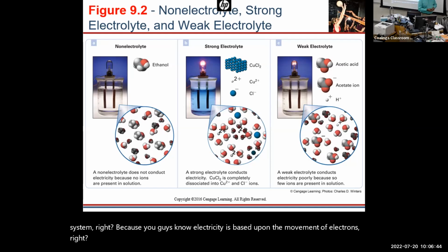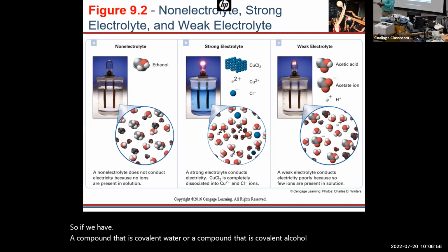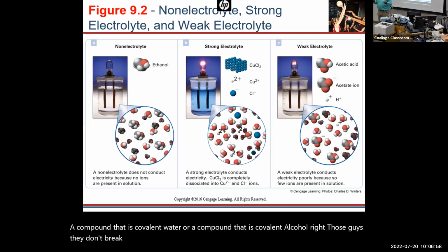Okay, so if we have a compound that is covalent, like water, or a compound that is covalent, like alcohol, right? Those guys, they won't break up into positive and negative charges. And so they won't conduct electricity, okay?